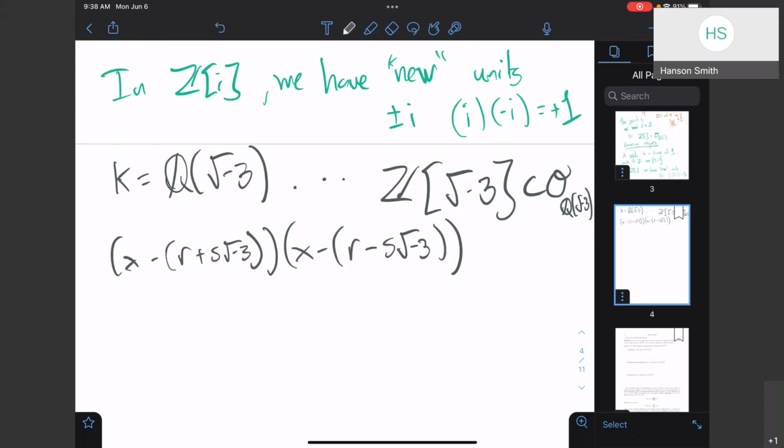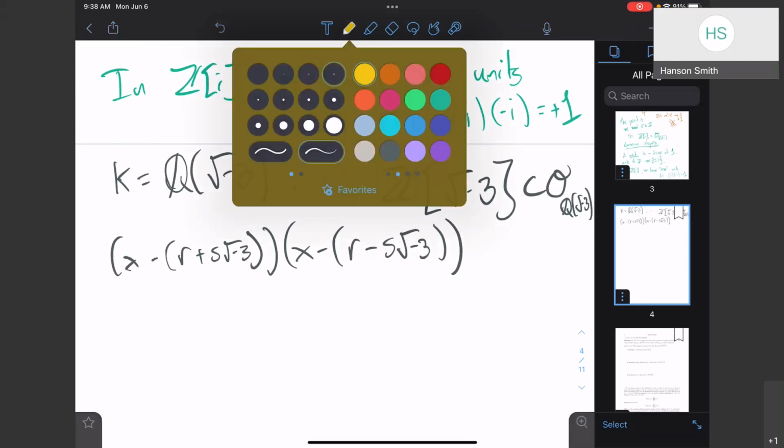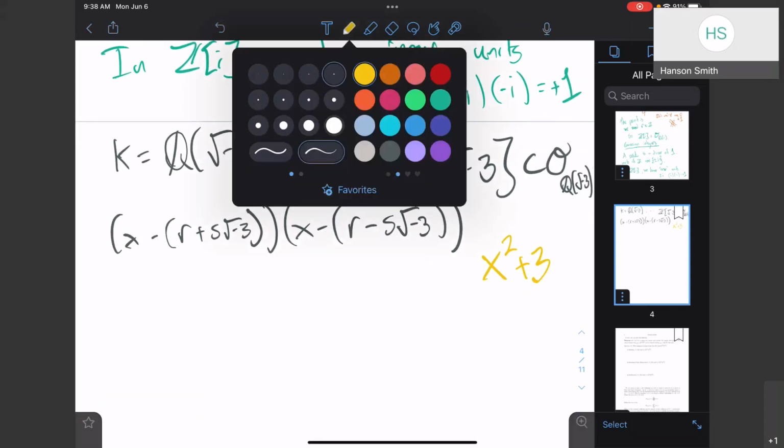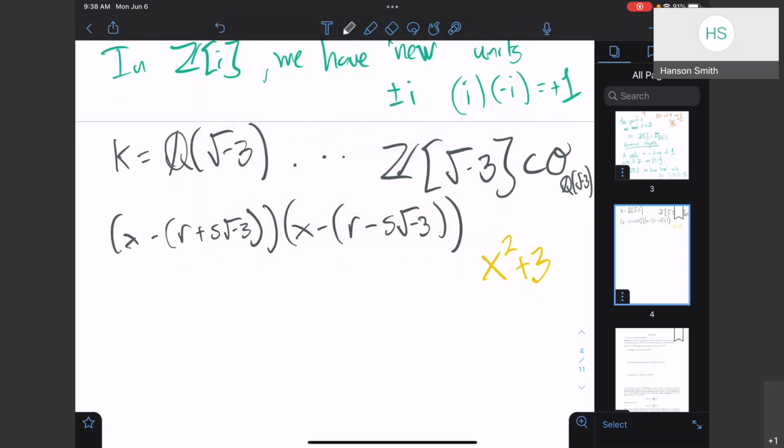The polynomial that the square root of minus 3 satisfies is x squared plus 3, and the two roots are the square root of minus 3 and negative square root of minus 3. As before, we get x squared minus 2r x plus r squared plus 3s squared.